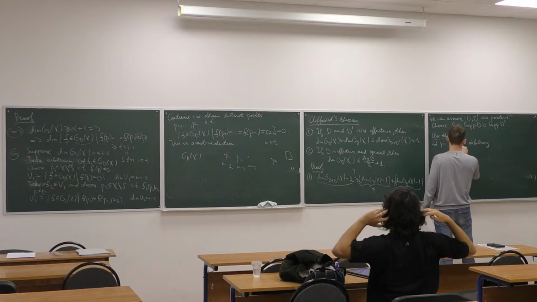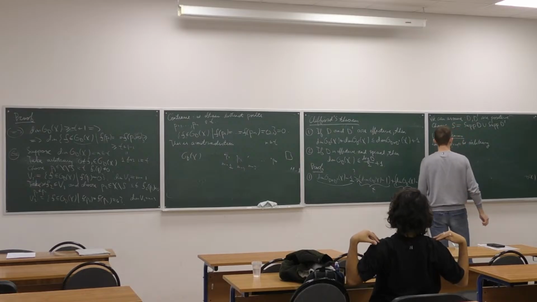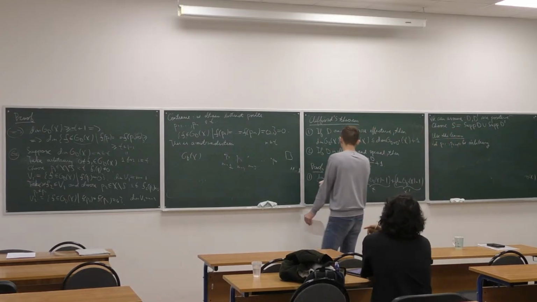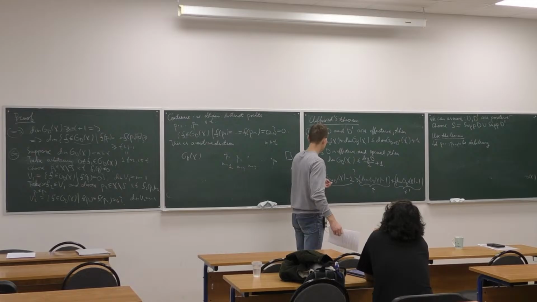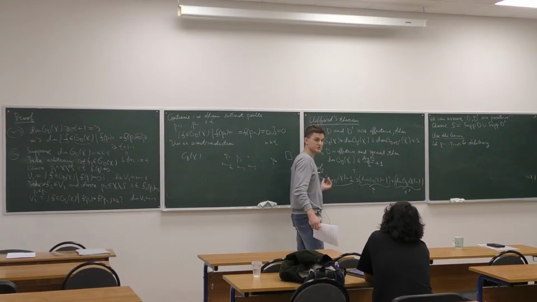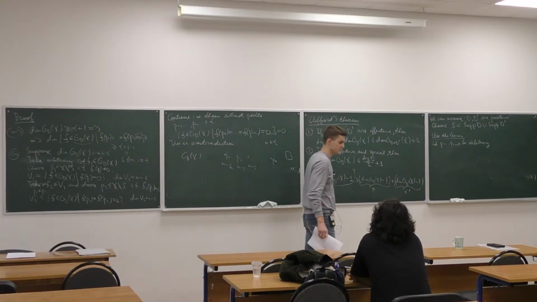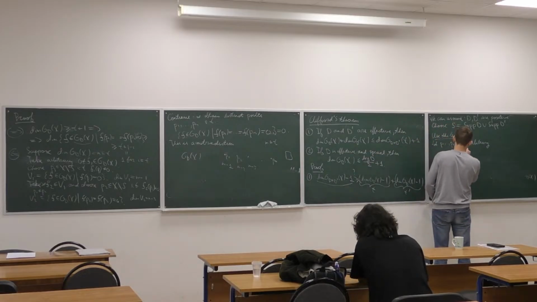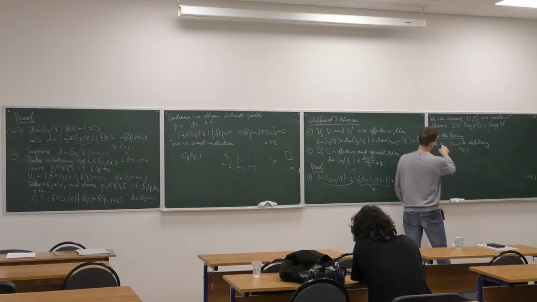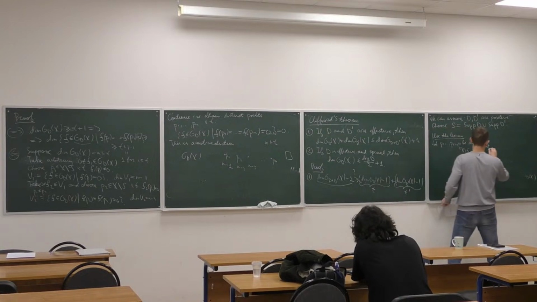Sorry, why can we assume the divisors are positive? Because, as I said, the dimensions do not change here. If you replace D by some equivalent divisor, then this dimension will be the same, because the spaces will be isomorphic. So consider arbitrary points from X without S.